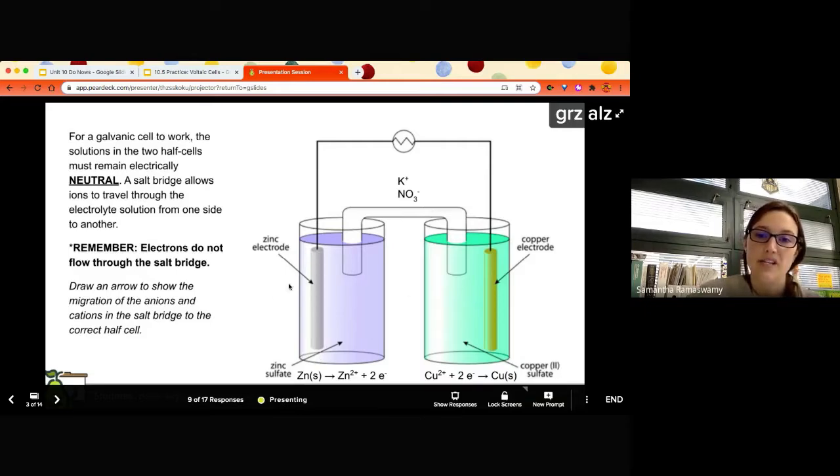Remember, zinc we said was the anode, copper was the cathode.